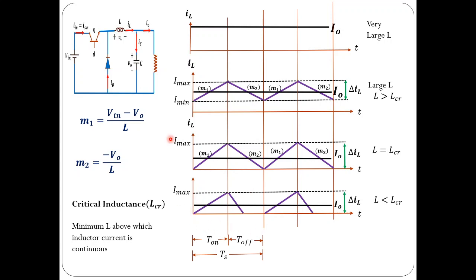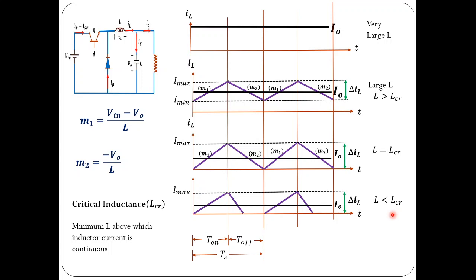Whenever you operate this buck converter with this kind of discontinuous inductor current, the operation is referred to as discontinuous current mode operation of the buck converter. This is possible if you reduce the value of the inductance below the critical value of inductance. We know that as you increase the inductor value, it smoothens the current more.